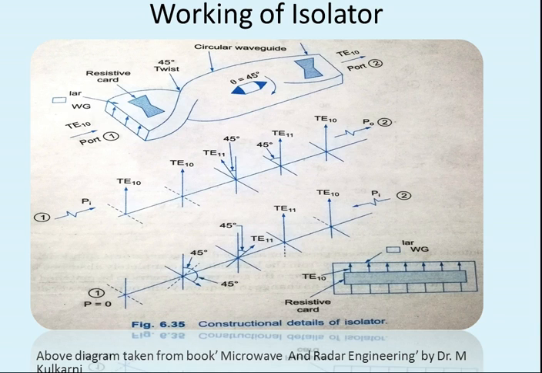Hence, the signal comes out of port 2 with the same polarization as that of port 1 without any attenuation.